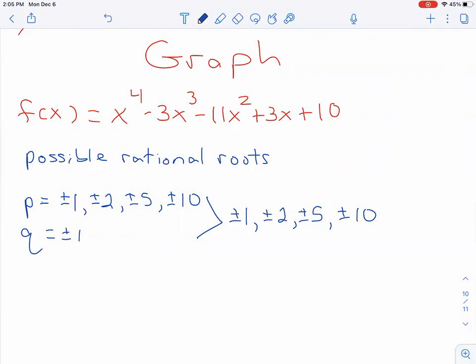Yes, Richard. Q are the coefficients of the leading term. So Q in this case is 1. If this was like 2x to the fourth, then it'd be plus or minus 1, plus or minus 2.